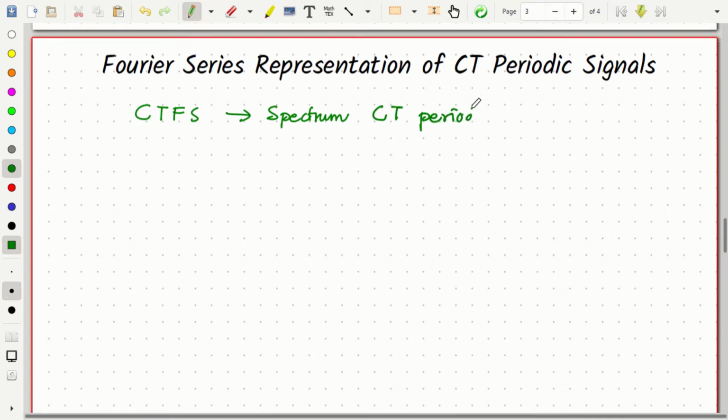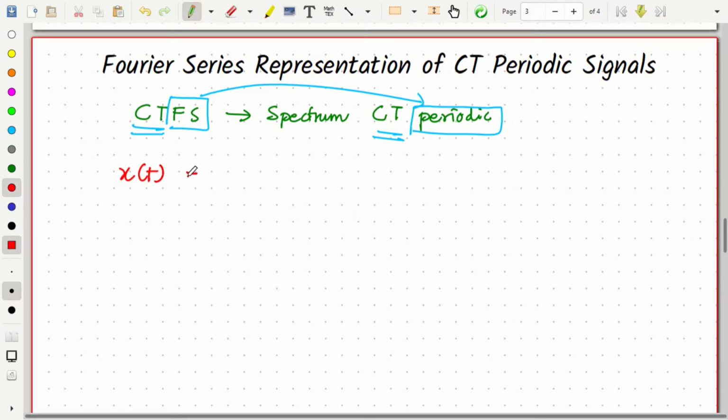You have to keep in mind that we are dealing with continuous time signals, and since it is Fourier series, we are talking about periodic signals. How to find out the frequency components present in a continuous time periodic signal, that is what we are trying to do. So let us take the case of a periodic signal x of t.